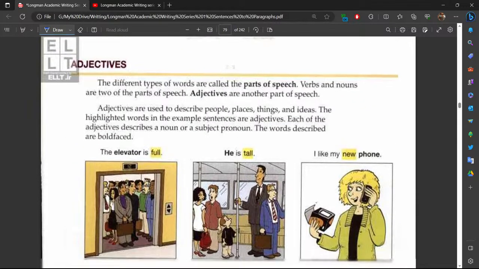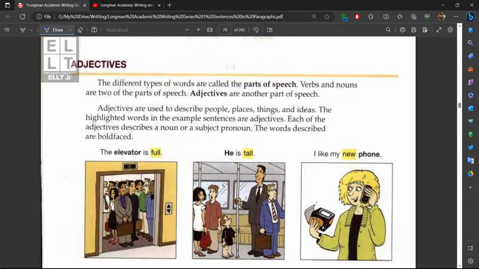Let's keep going here. The adjectives. The different types of words are called parts of speech. Verbs and nouns are two of the parts of speech. Adjectives are another part of speech. All these different words that appear in sentences are parts of the language.